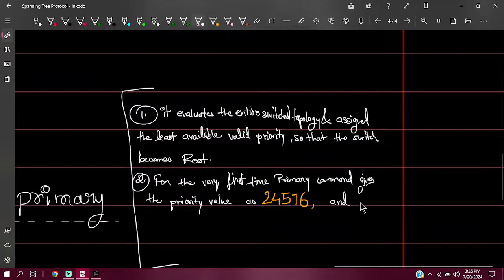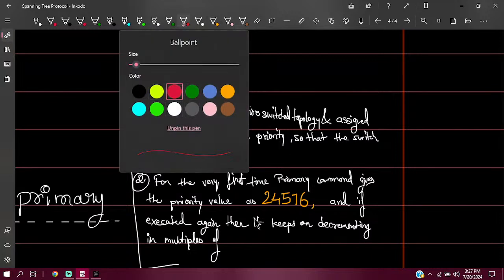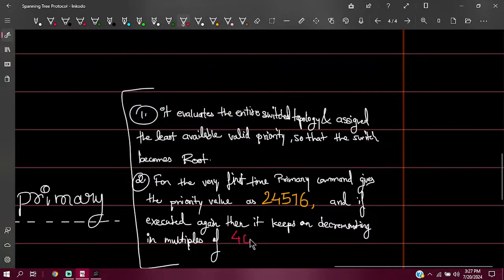And if executed again, then it keeps on decrementing in multiples of 4096.